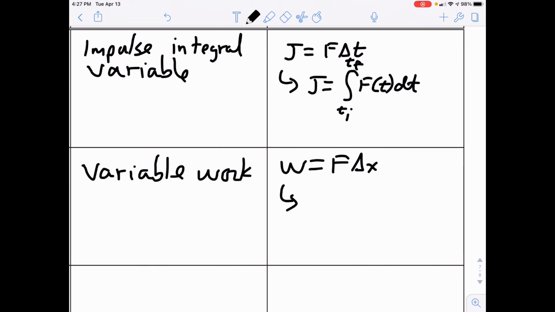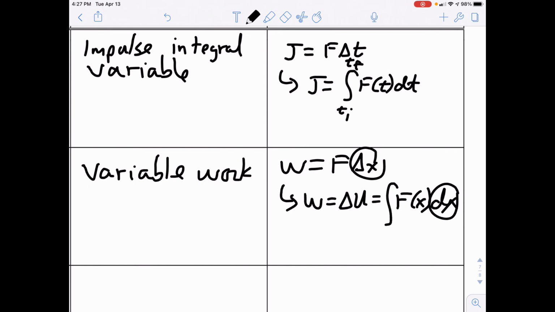Well, if we're talking about this, the work, which is equal to a change in potential energy, is equal to the integral of the force function, force is a function of x, dx. So this is my variable force function, and this is my differential with respect to x, from x initial to x final.